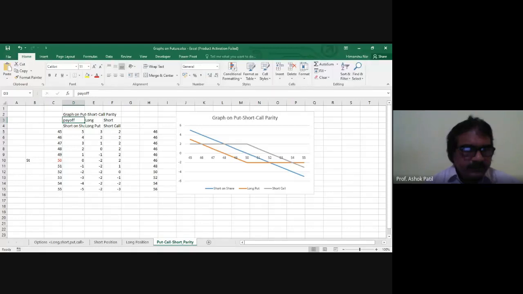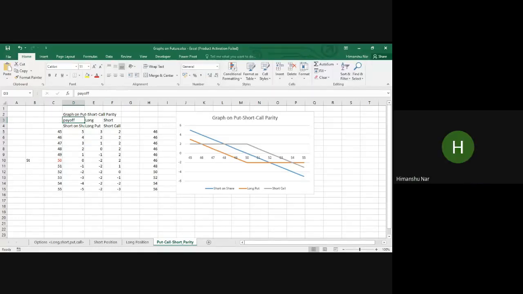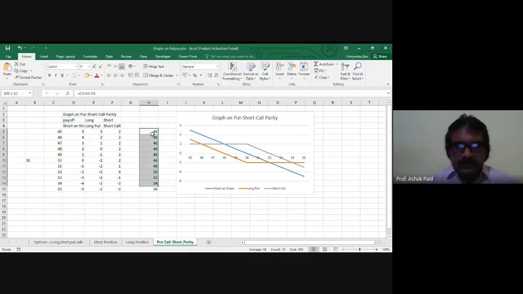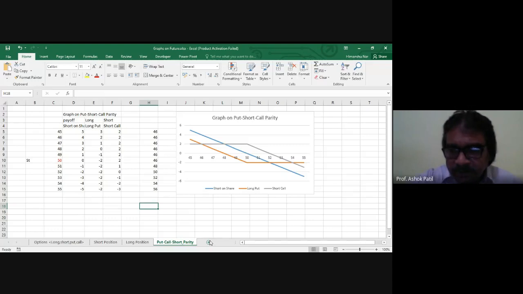Sir, no, this is the previous one. I was trying to do the put call short parity, but then I was not getting it. Yesterday I was trying to do it. But then you can explain first. You can copy that and explain what you are doing, but please talk to others also so that they are able to see it.